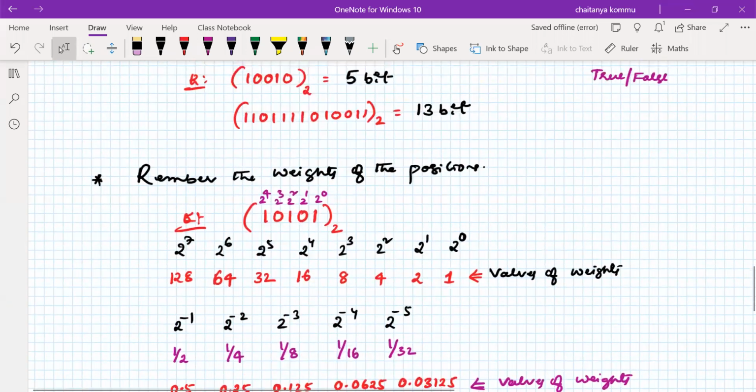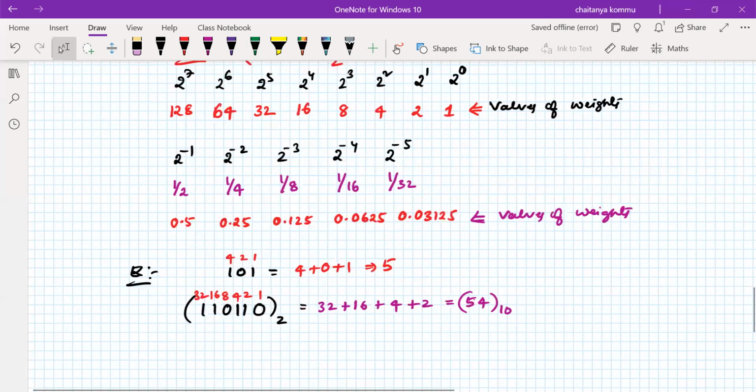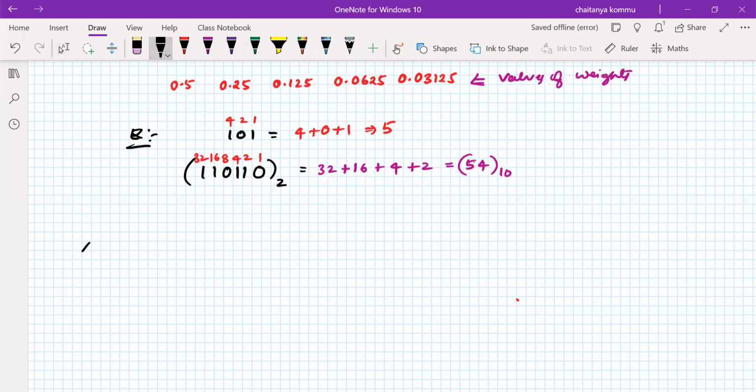So this is another point that we have to remember. Next point to remember is the names of groups of bits.